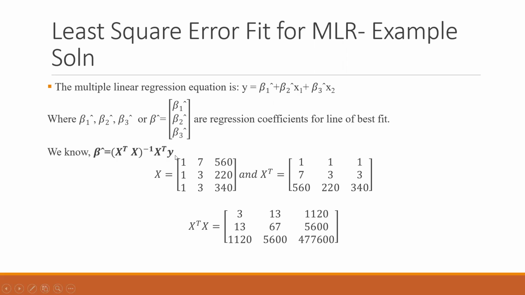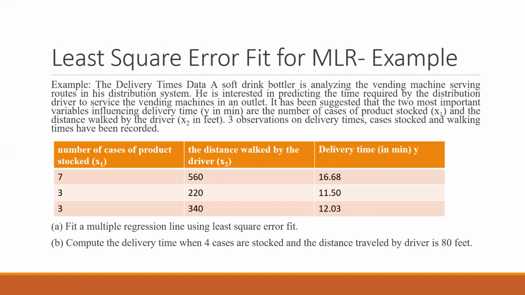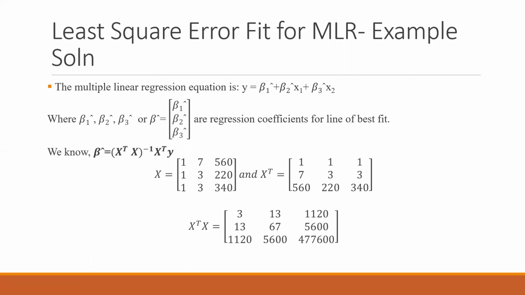Using that formula, we have to find all the values, and the data set is given, where x1, x2 are the two columns which are independent variables, and y is dependent on these two variables. So using this table, we will be solving for all the values of beta 1 hat, beta 2 hat, and beta 3 hat.